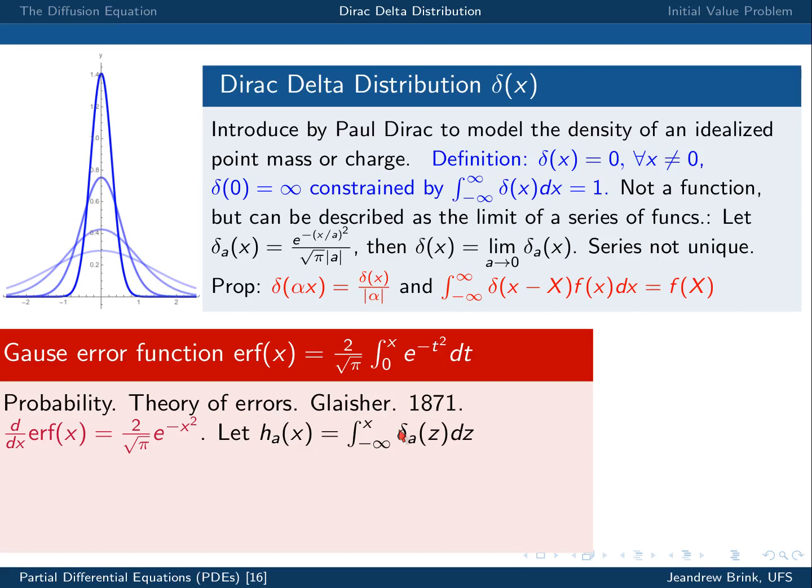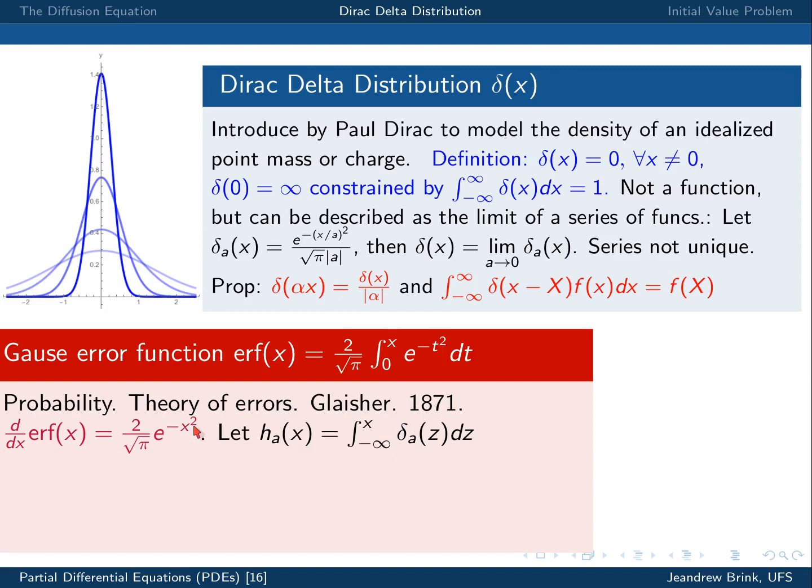To evaluate this, substitute in delta a of z, basically this expression over here. Make a change of variables, x prime equals x over a. In other words, you could write the integrand in this form over here.